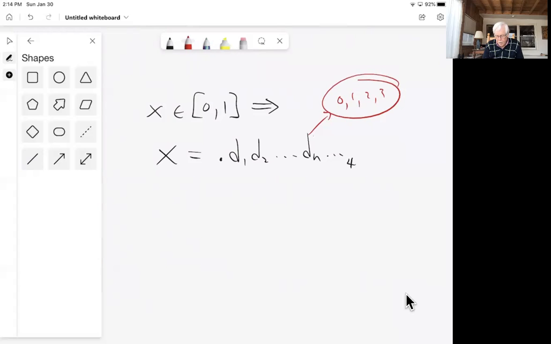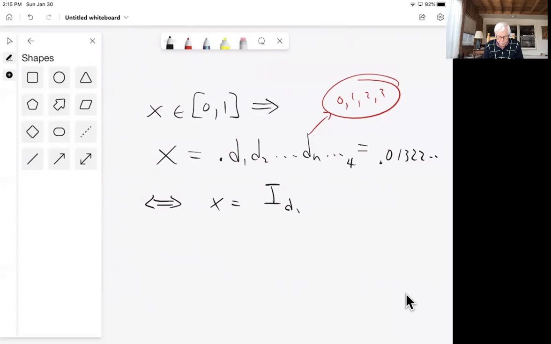Every element of [0,1] has a base 4 expansion. Let's make this more specific: 0.01322, etc.